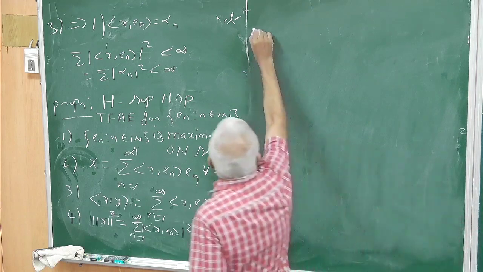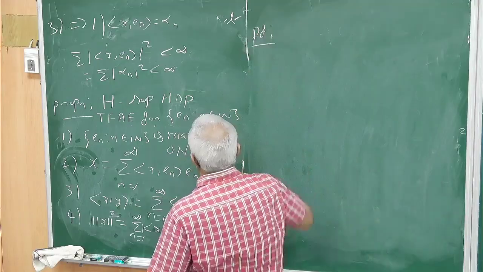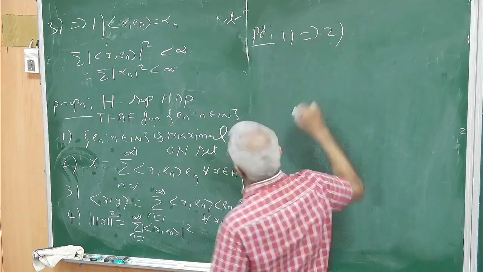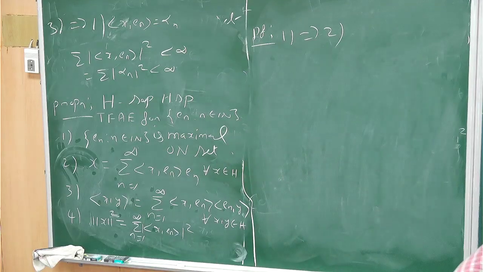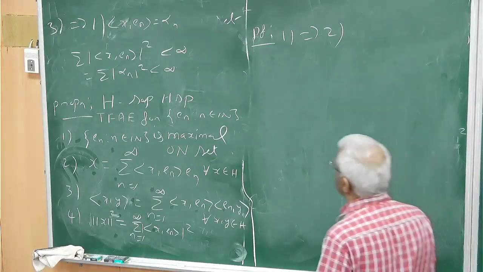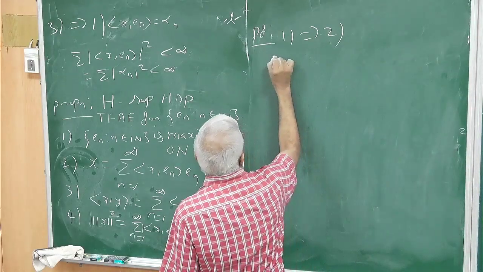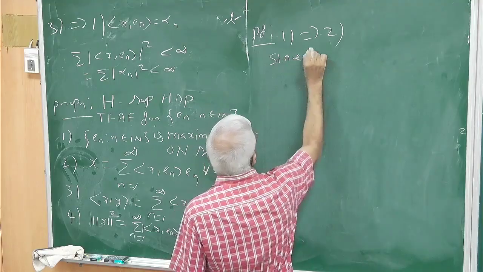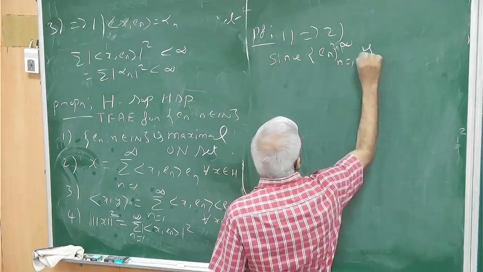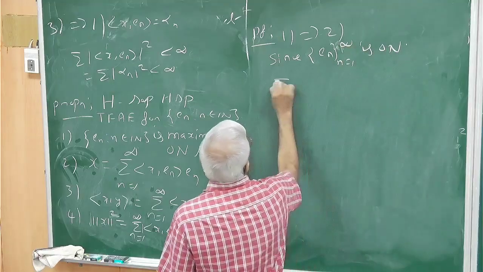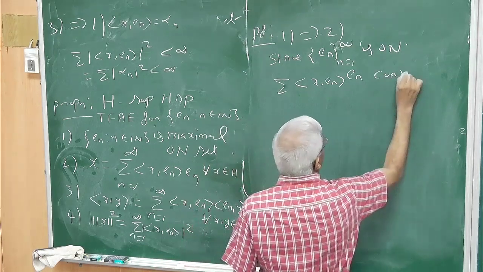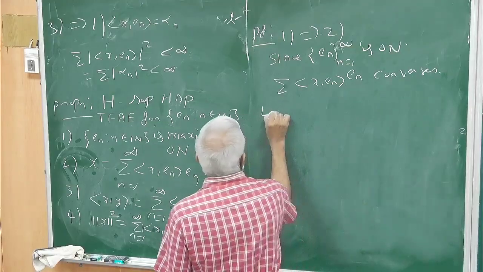So, proof. Suppose e_n is a maximal orthonormal set. One implies two. We have to use that it is an orthonormal set. Since e_n is orthonormal, we know the summation of <x, e_n> e_n converges.